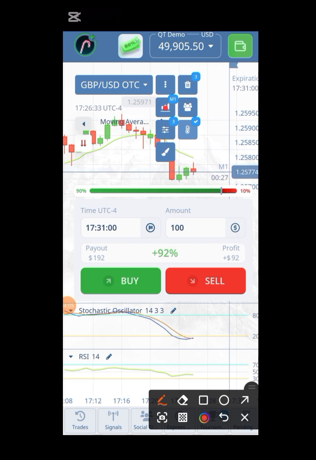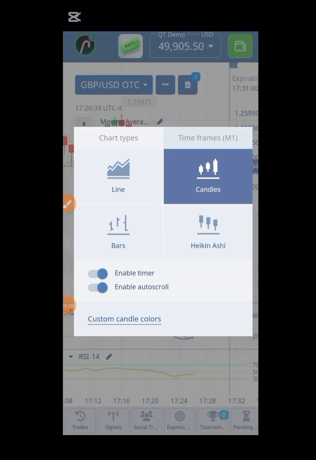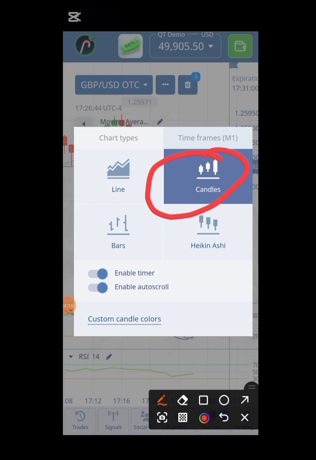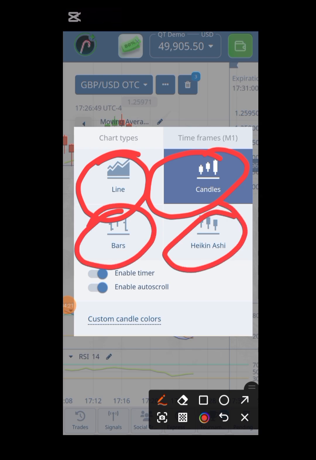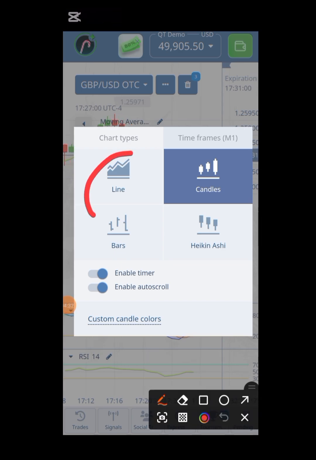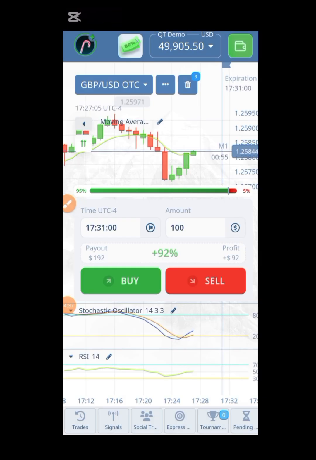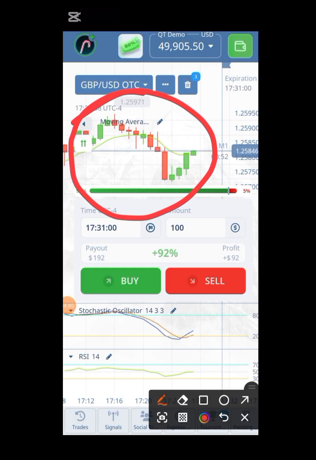When you click on it, it will show you the patterns that you are going to use to trade: whether you are going to use a candle, a line, a bar, or Heiken. Most forex traders use candles, and some of the experienced ones use the line. Currently what you see on our pattern here is the candle.